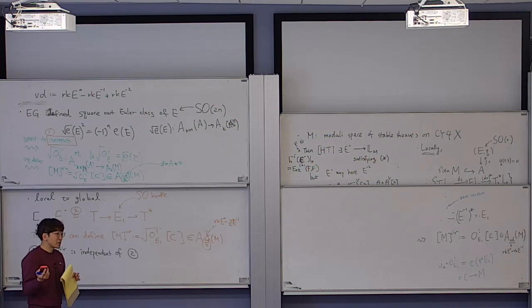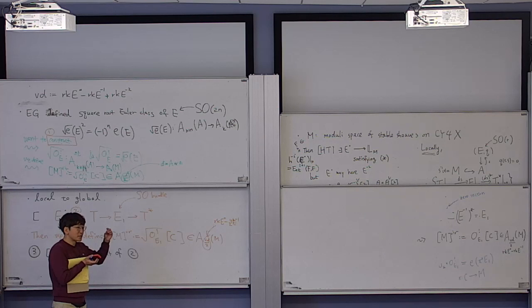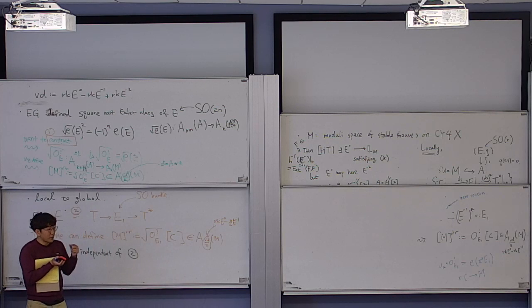If we just consider this as a bundle, then the virtual dimension is not well defined, because the obstruction jumps; twice the rank of the obstruction bundle jumps twice over.